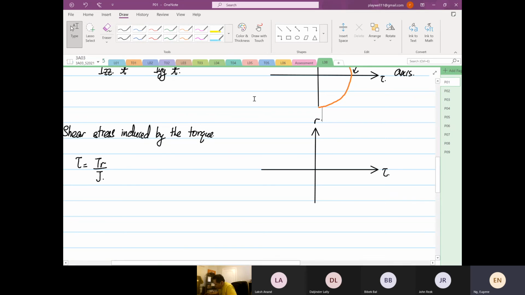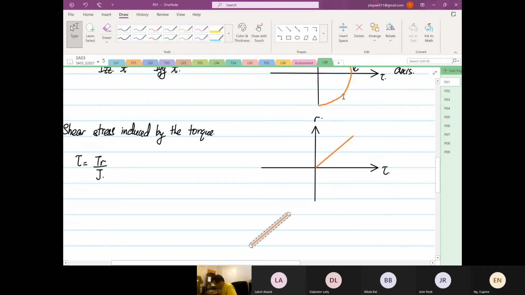So the trend for this will look like this. So if I flip it vertically, this is our shear stress distribution due to the torque.